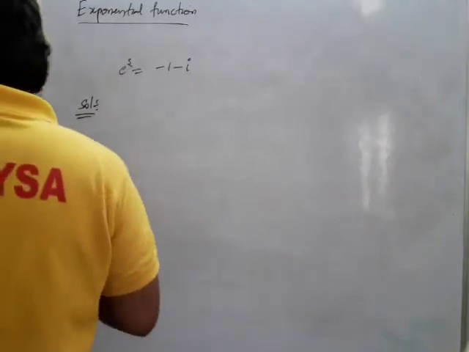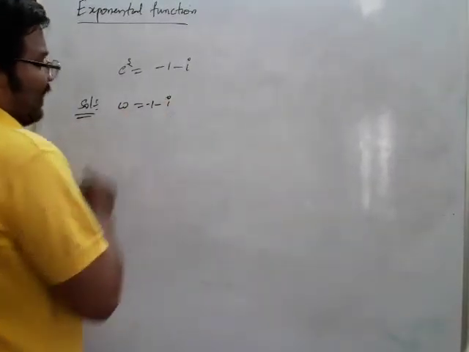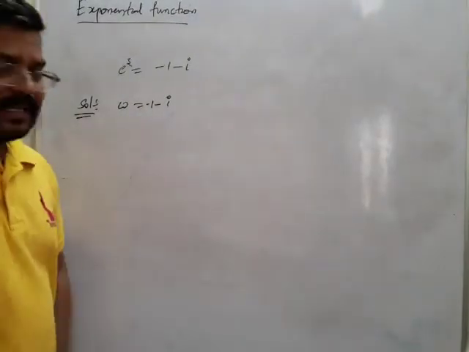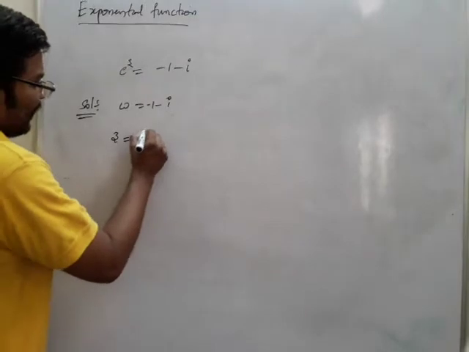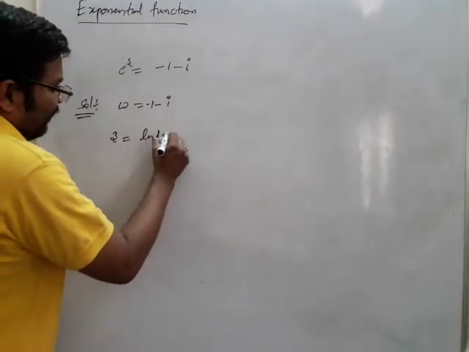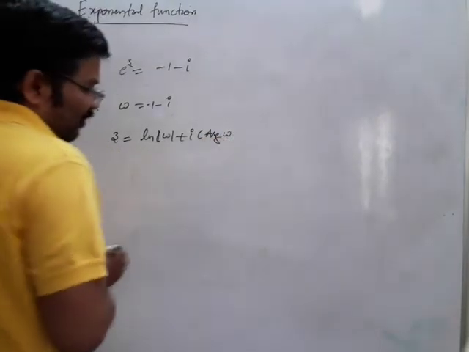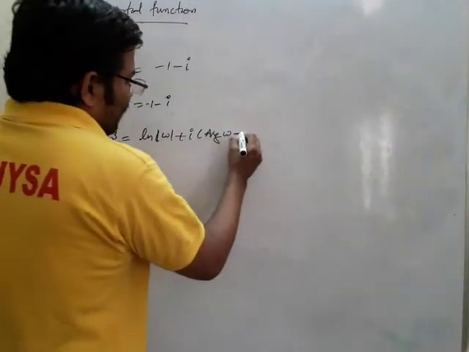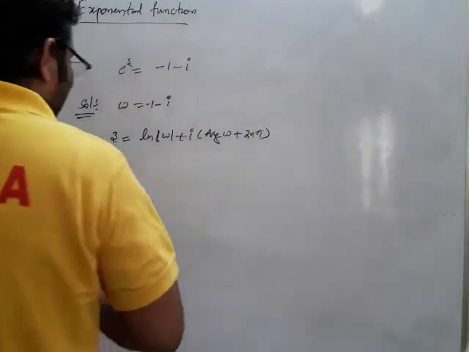Okay, solution. W is equal to -1 minus i. Again, W is equal to -1 minus i. Now what is the formula? z is equal to ln of mod W plus i into argument of W plus 2n pi. Okay, this is the formula we have.